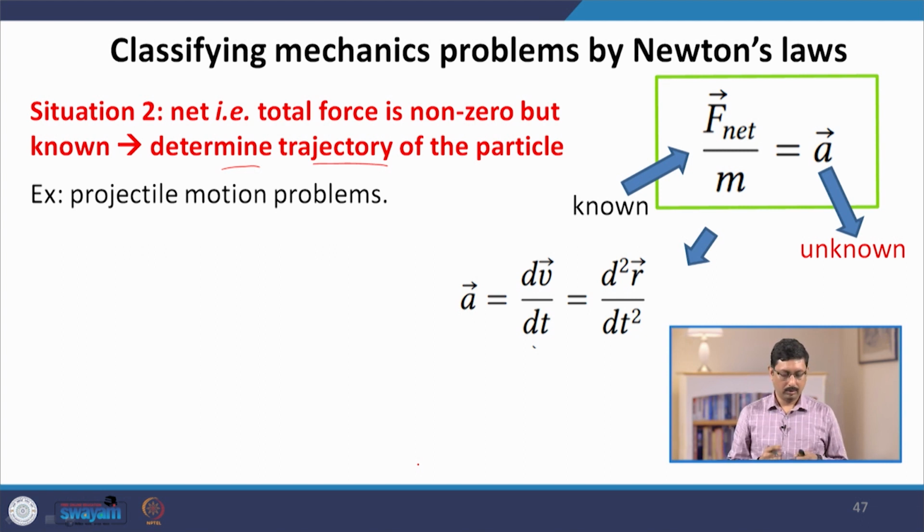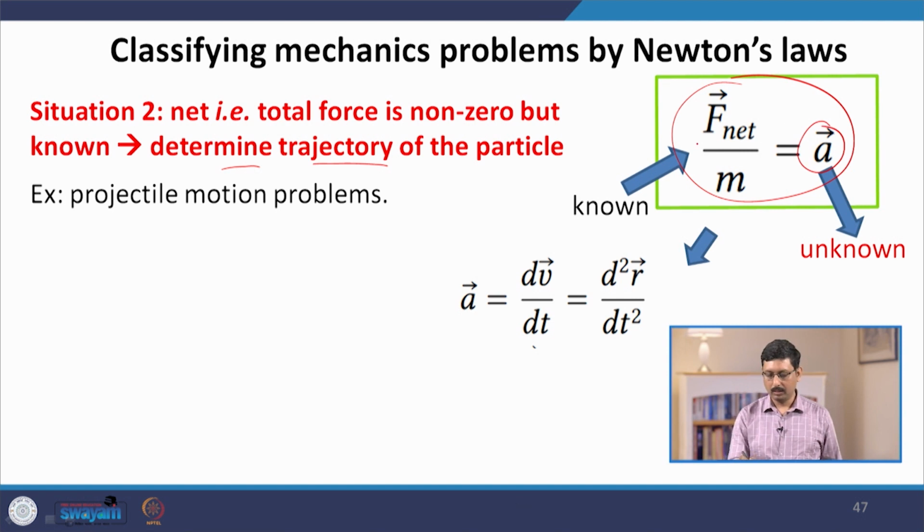Now, this is the most straightforward application of Newton's laws. This is usually done in two steps. The first step is to apply the second law in whatever form. For example, let us say we use the first form, in which we know the total force acting on the particle, and then apply Newton's law to compute its acceleration.